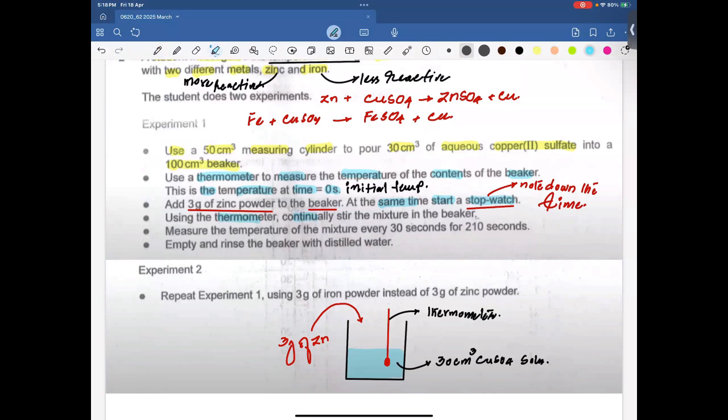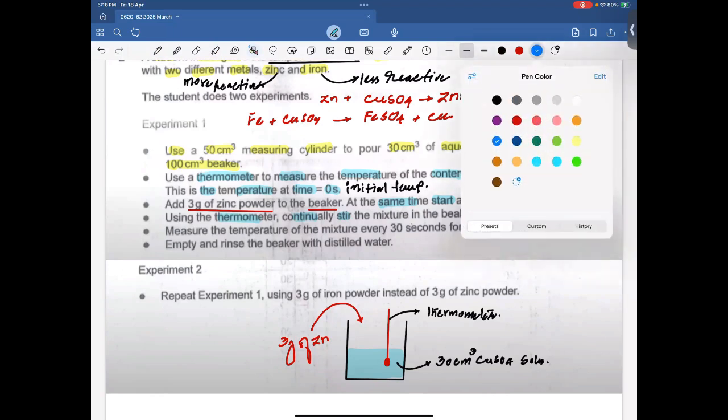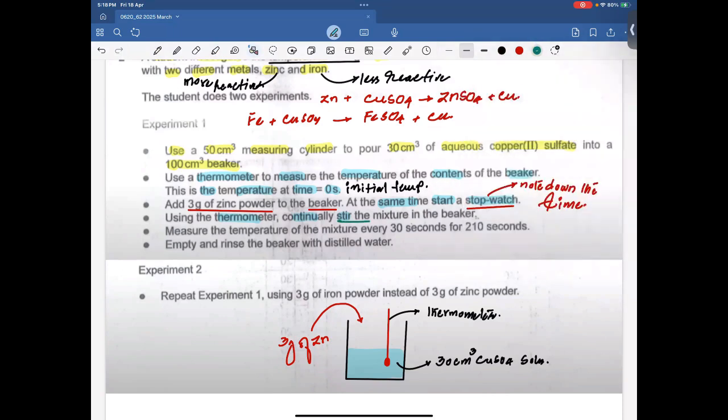Using a thermometer, continuously stir. Why are we stirring the mixture? Stirring the mixture is basically for uniform distribution of heat.